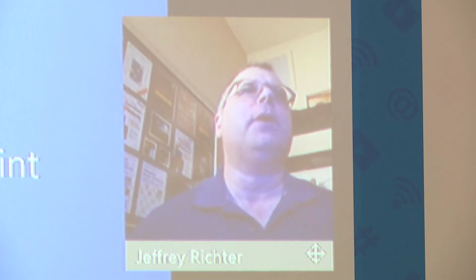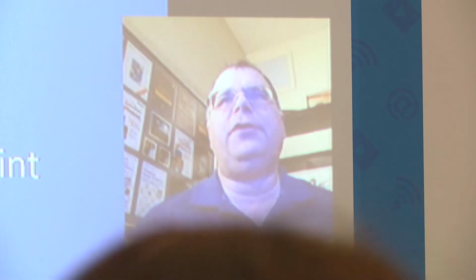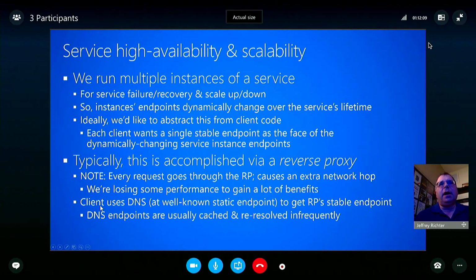And so I think they're a good trade-off to make. Right? So we're losing some performance to gain a lot of benefits. Right? The client is going to use some kind of domain name service, a DNS, which is at a well-known static endpoint, to get the reverse proxy stable endpoint, and then the DNS endpoints are usually cached, and they are re-resolved infrequently. And this can improve performance.